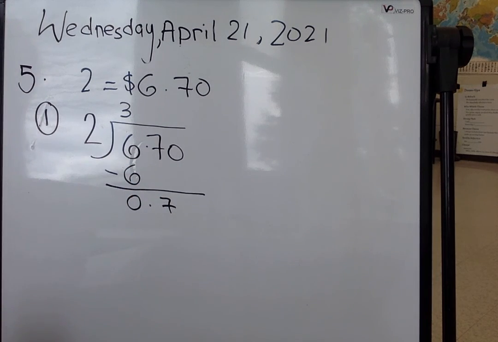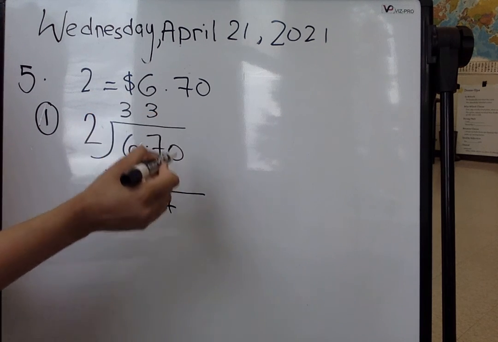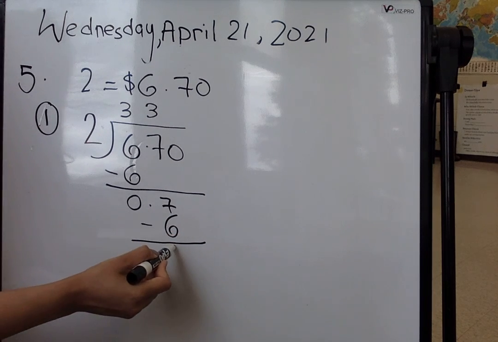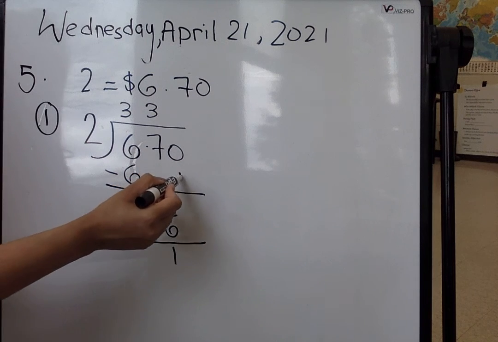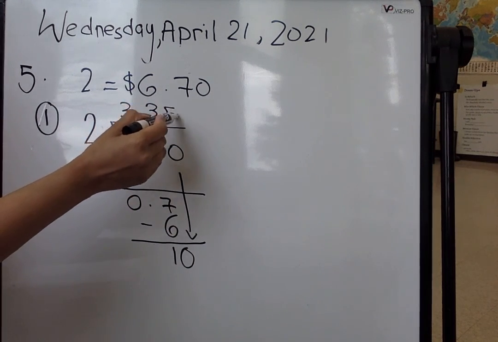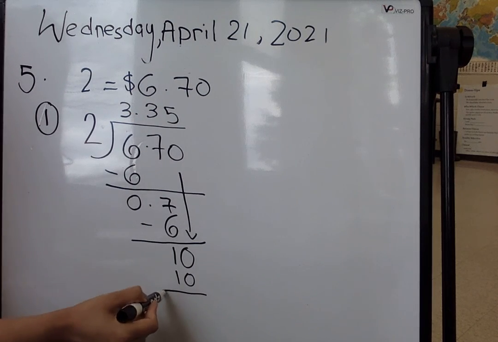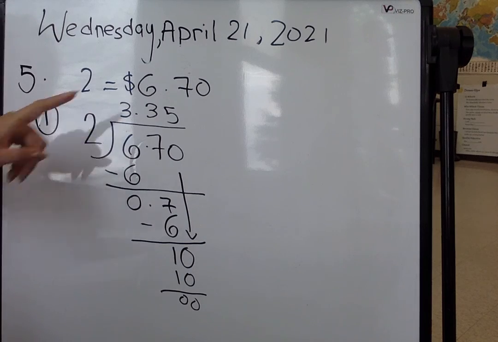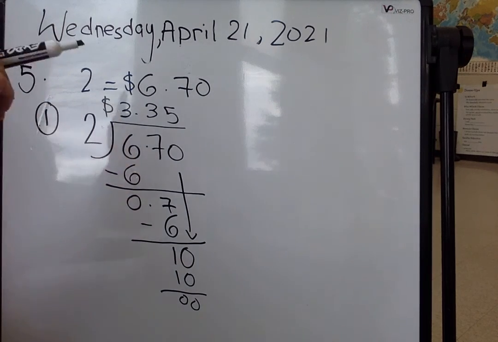Okay? 2 times what would give me something closer to 7? So it would obviously be 3. 2 times 3 gives me 6. I subtract again. I am left with 1. Now I can bring my 0 down. 2 times 5 gives me 10. There we go. So we found out $3.35 is what each person paid.